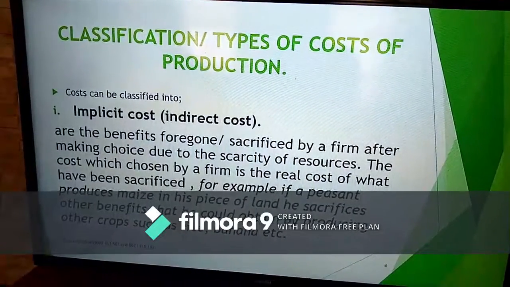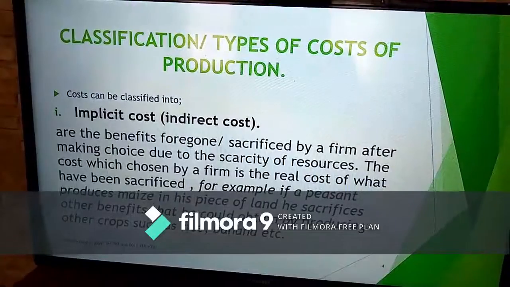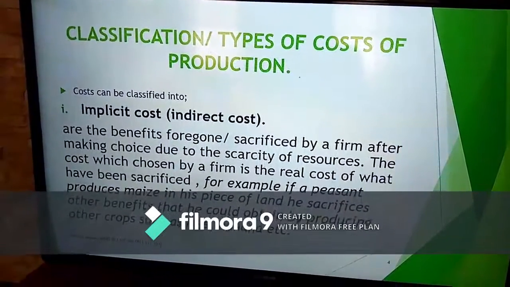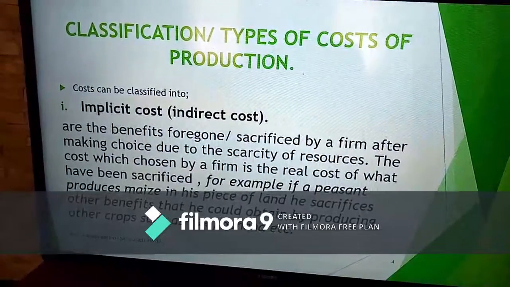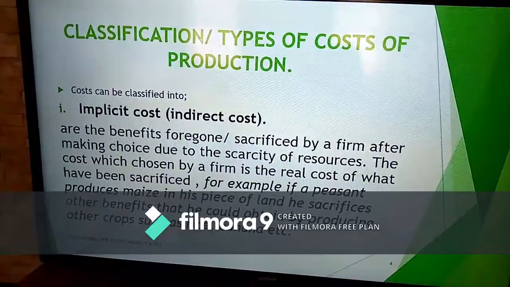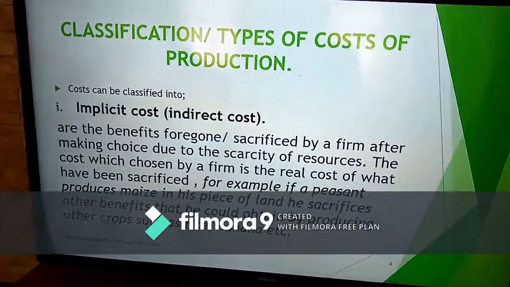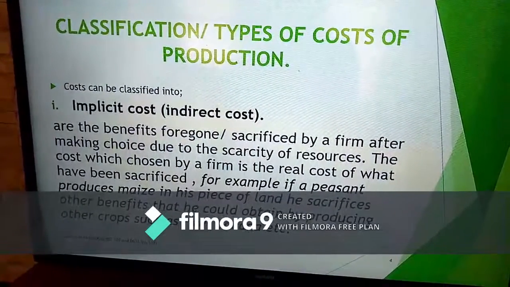For example, if a peasant produces maize in his piece of land, it means that he will sacrifice other benefits that he could obtain by producing other crops such as rice or banana.